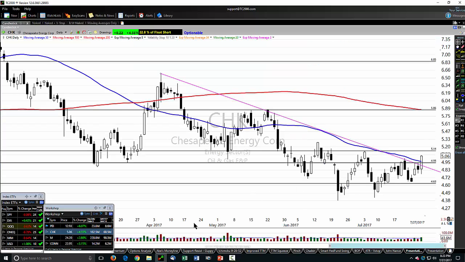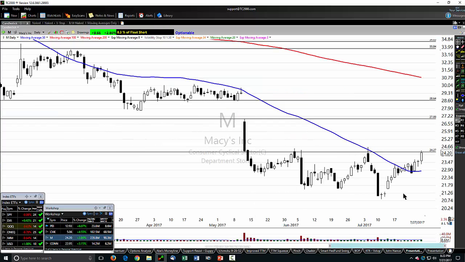So let's go over here to M. If we buy just above this resistance level, we get our 10% in this first whack in this waterfall candle here. And then we've got some gravy up here up to fill the gap.